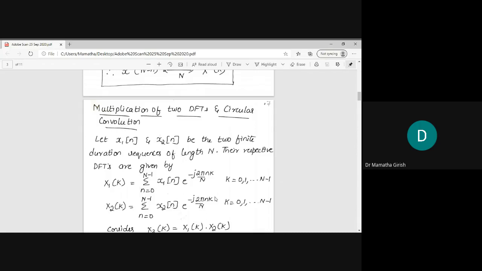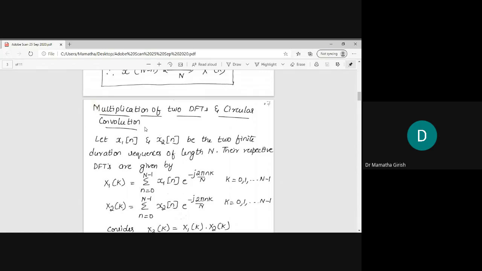The same convolution operation viewed on a circular scale is referred to as circular convolution. How exactly the equation for circular convolution looks will be seen in the following derivation. What exactly the statement means, you'll be able to appreciate at the end of the derivation. So let's begin.